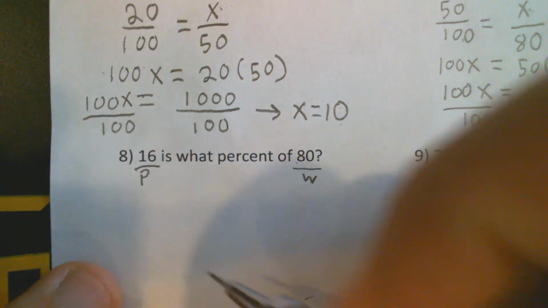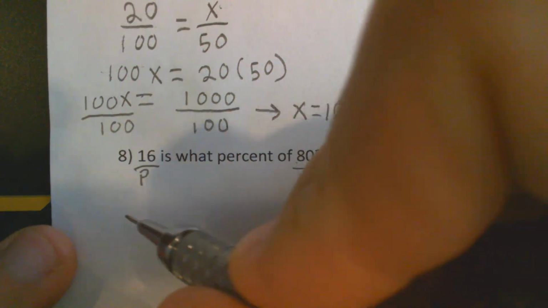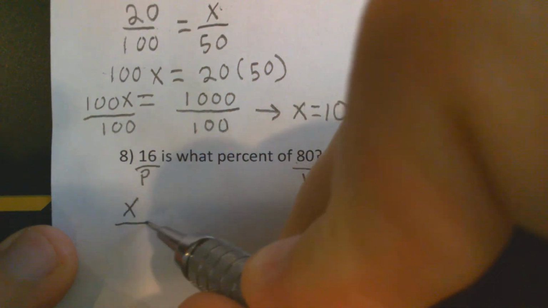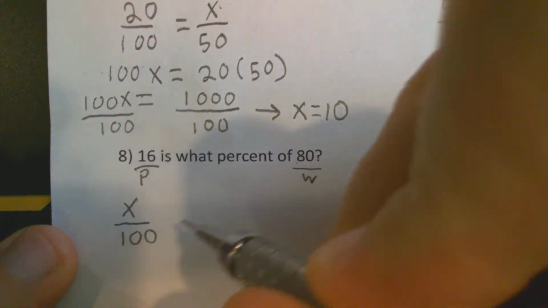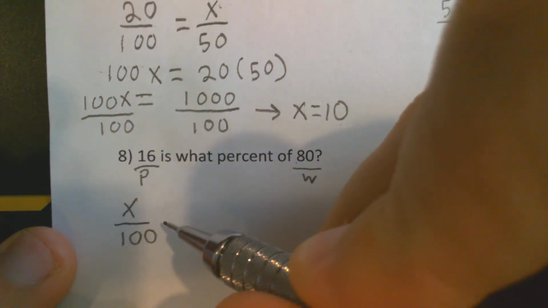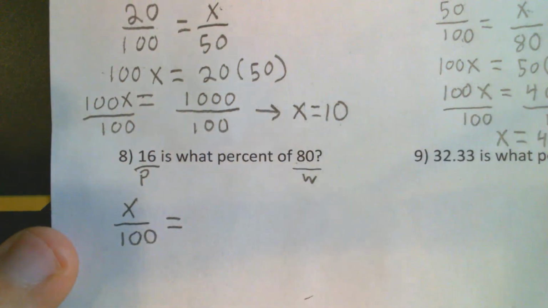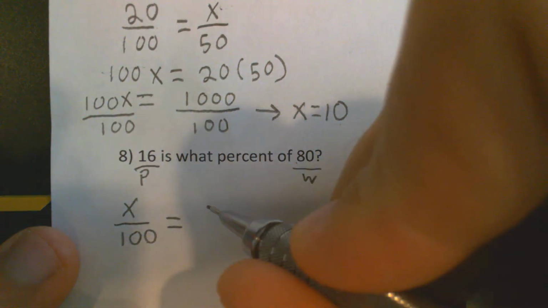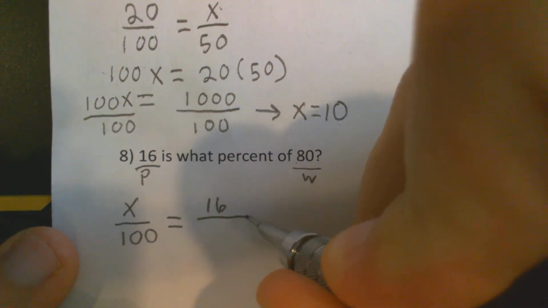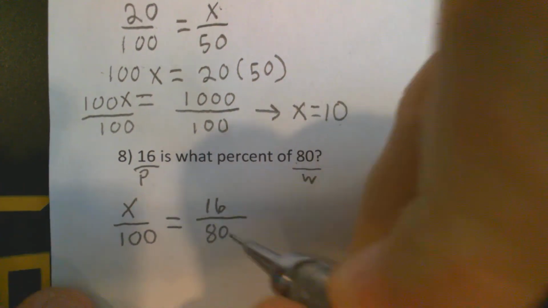So what percent? That's going to be on top. So what percent is what we're trying to find. That would be our variable. As always, we still put it over 100. Our part is 16. Our whole is 80.